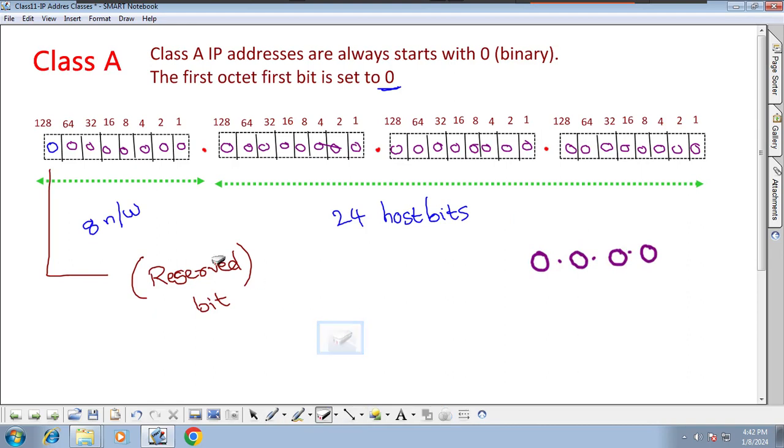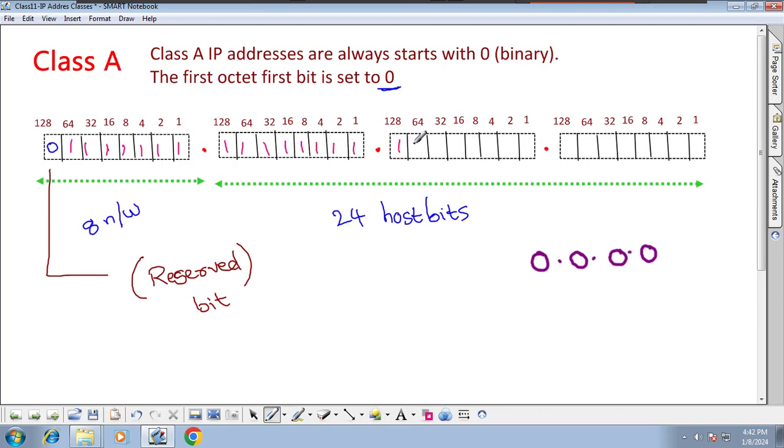So this is where the range starts, and what will be the next values we can put in all remaining bits? We can put all ones. I cannot put 1 in the first octet first bit because it is a reserved bit. It should always be 0 only.